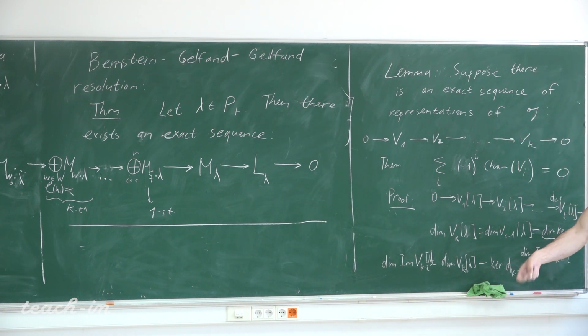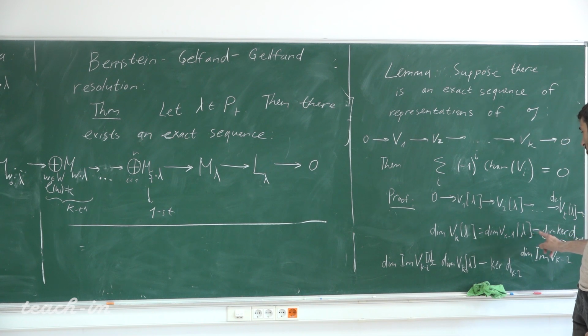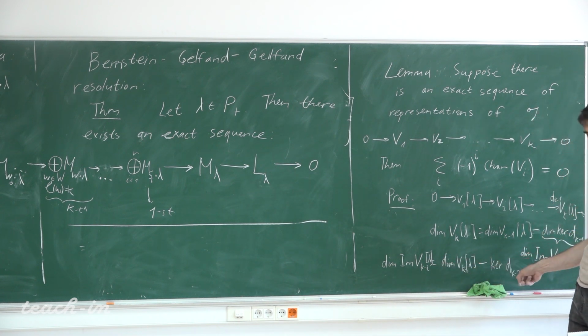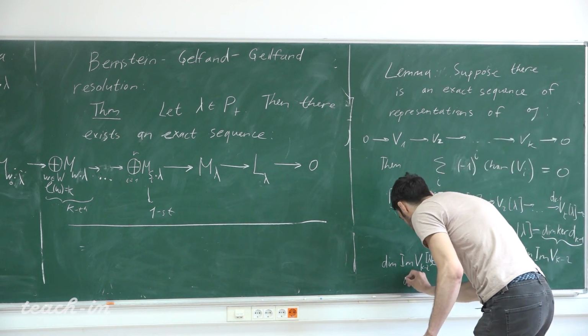And then you just continue like that. So what we got? The dimension of Vk is the dimension of V(k minus 1) minus the dimension of V(k minus 2), and then you just continue, plus the dimension of V(k minus 3) and so on. And this is for each lambda. If you put all weight subspaces together, you will get the corresponding alternating sum of characters.